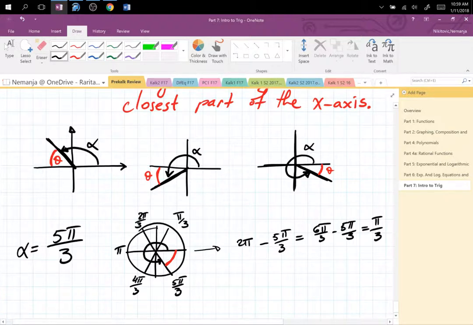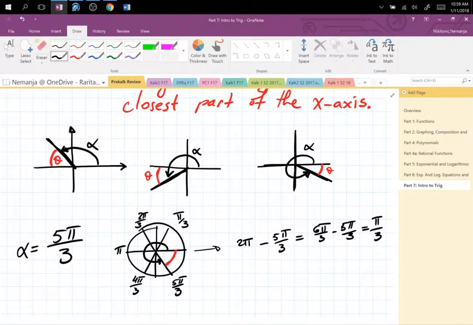Now, you actually don't have to do this calculation because you see the answer when you draw. You see it's pi over 3. So I reduced the entire angle down to the reference angle, and that angle is pi over 3.